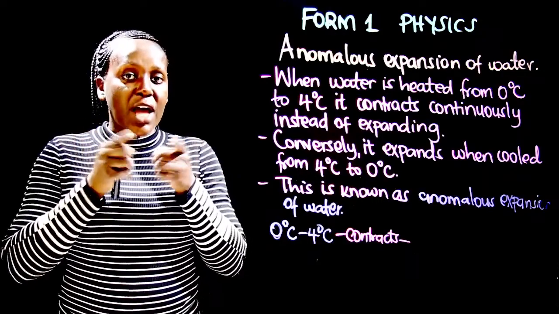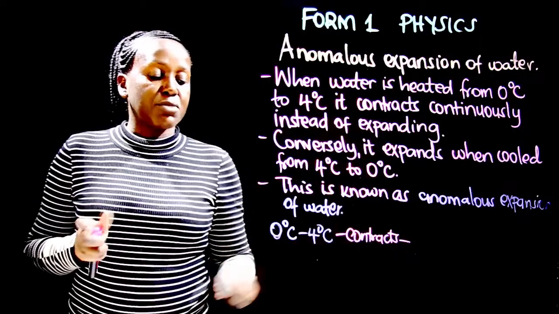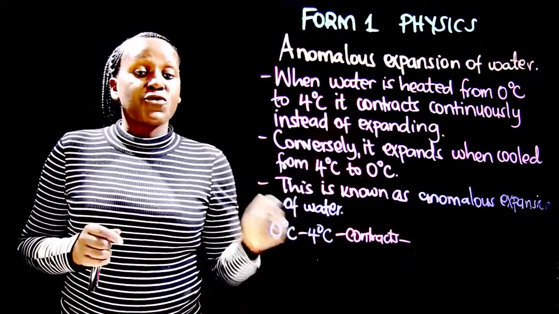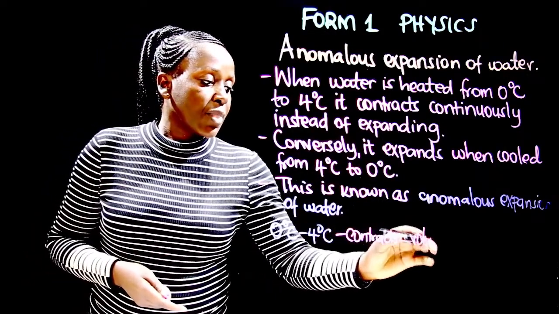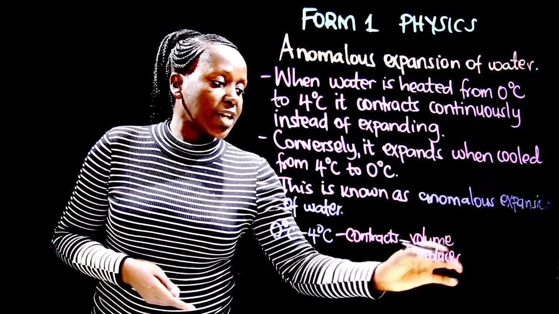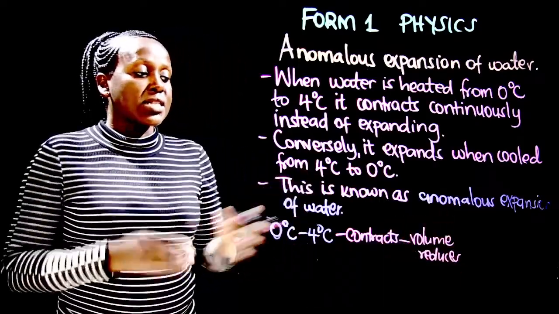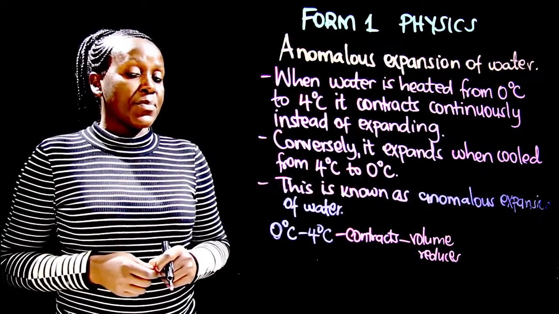When an object contracts, its volume decreases. So if water contracts between 0 degrees Celsius and 4 degrees Celsius, then it means that the volume will reduce, okay? The volume of water reduces when it is heated between 0 degrees Celsius and 4 degrees Celsius.